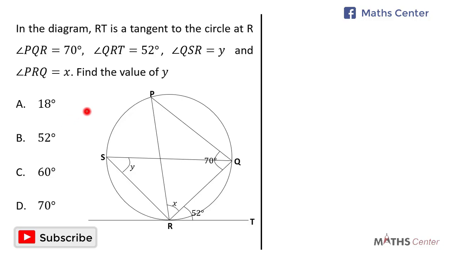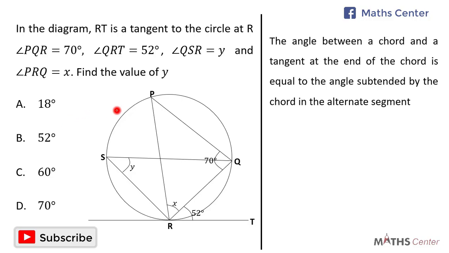One of the theorems of a circle is that the angle between a chord and a tangent at the end of the chord is equal to the angle subtended by the chord in the alternate segment. In this diagram, there is an angle formed between the chord RQ and the tangent RT.